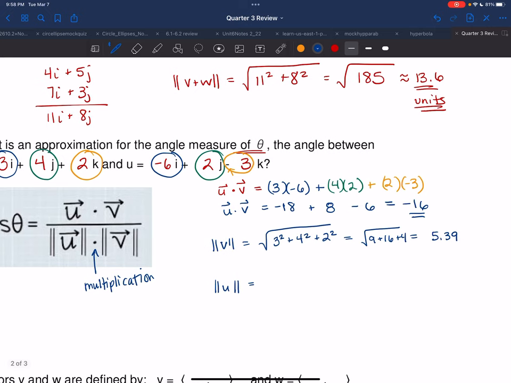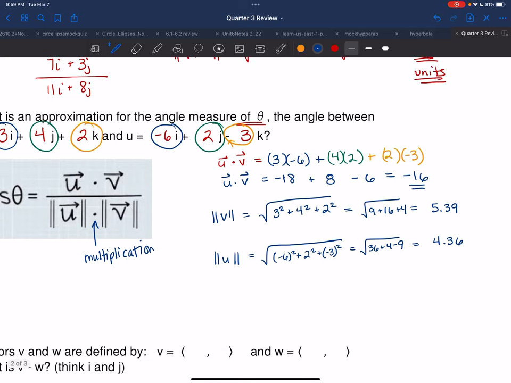Okay, so it's going to be the square root of negative 6 squared plus 2 squared plus negative 3 squared. Again, if you're squaring it, you can just drop the negatives. So I have 36 plus 4 plus 9. So that is going to give me 4.36. All right, so now I have to put it all together.